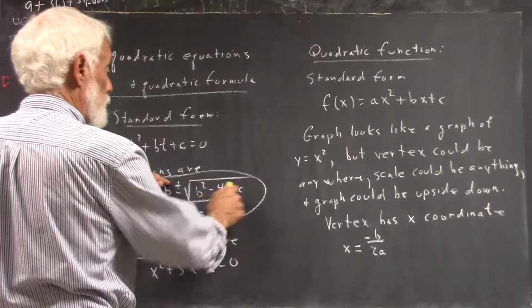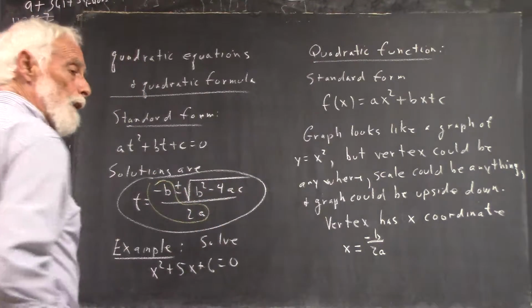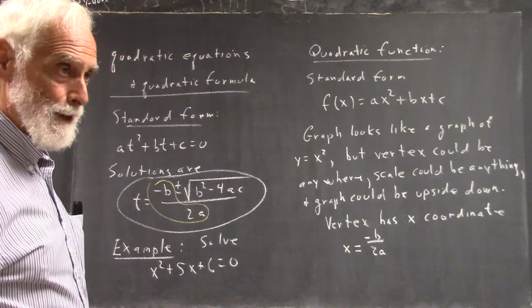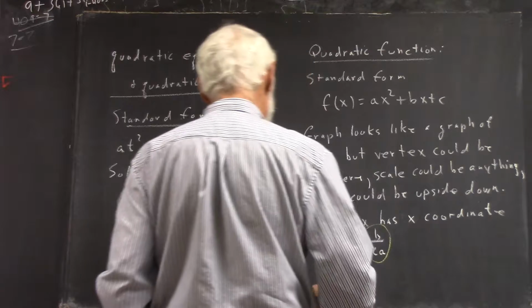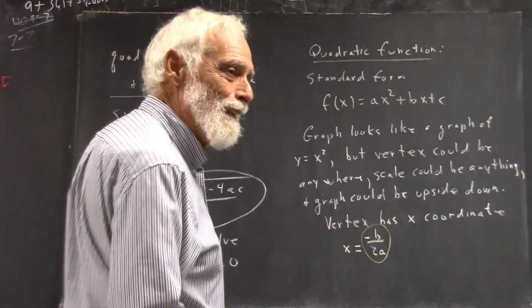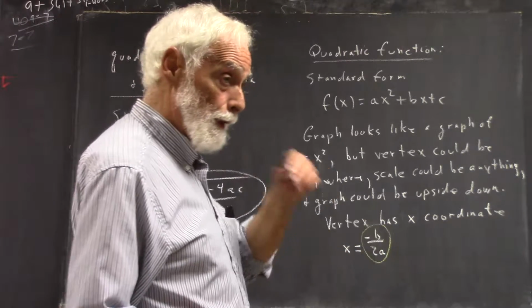If you eliminate the plus or minus square root of b squared minus 4ac, that's what you've got. Okay? So just this. Now there's a reason for that, and I'm not going to confuse you with it until later. Okay? But it's at x equals negative b over 2a.